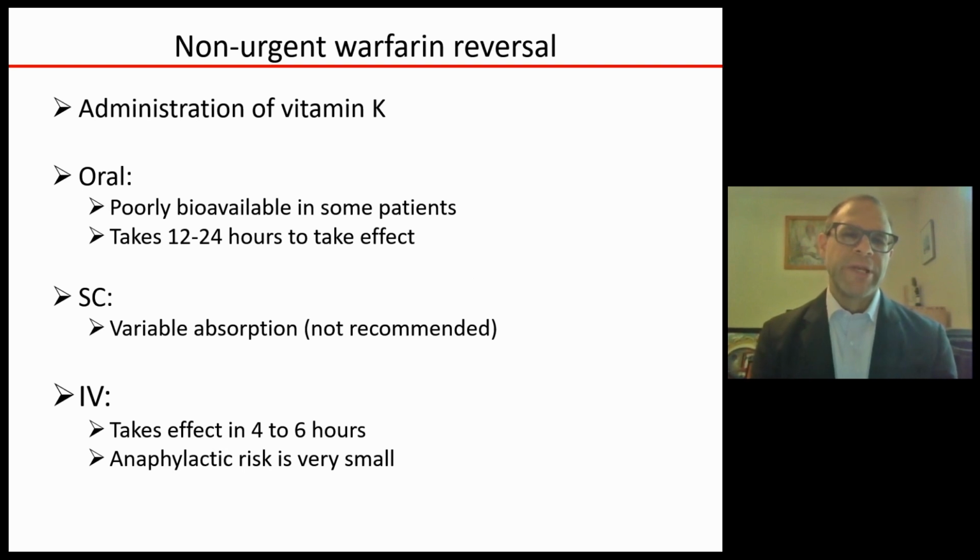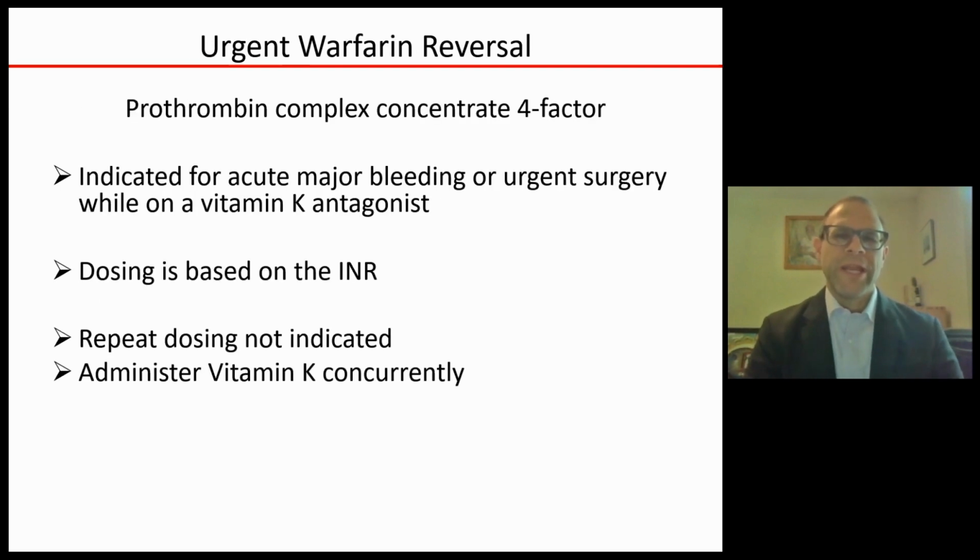So vitamin K, as I mentioned, can be given orally or intravenously. The intravenous probably is faster, and they're all safe. They're all safe and effective. We now are able to replace the missing clotting factors 2, 7, 9, and 10 in a complex concentrate called prothrombin complex concentrate.